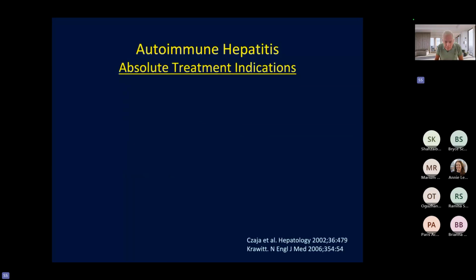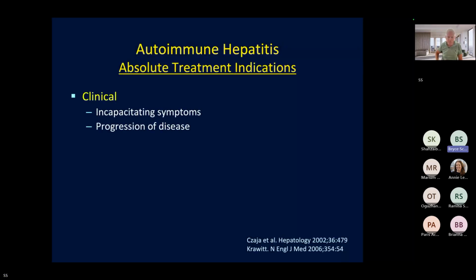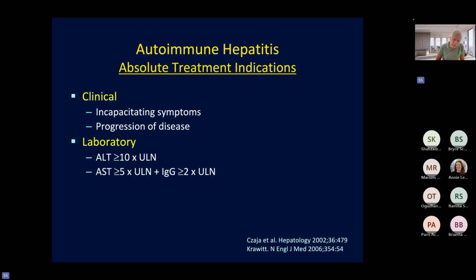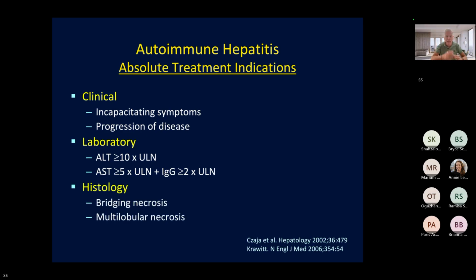In adults, the absolute treatment indications include patients who have pronounced symptoms or whose disease appears to be progressing. Again, the ALT greater than 10 times the upper limit of normal, or the AST greater than 5 times, plus an immunoglobulin greater than twice normal. And if they have bridging necrosis or multilobular necrosis, that's an absolute indication for treatment.